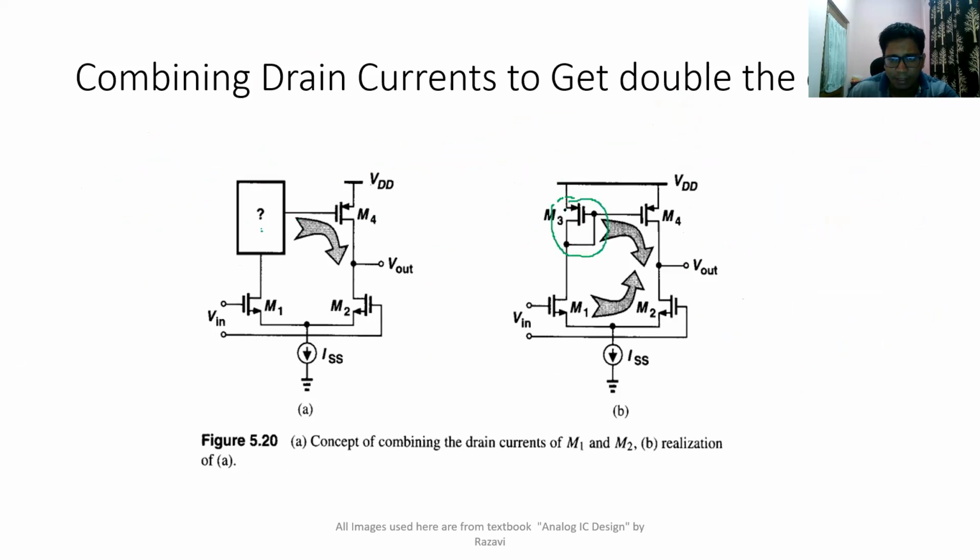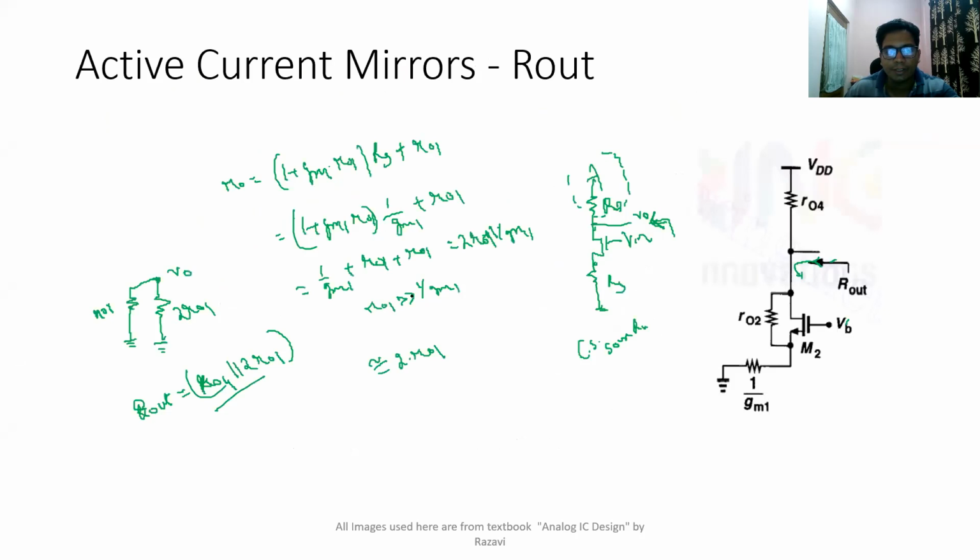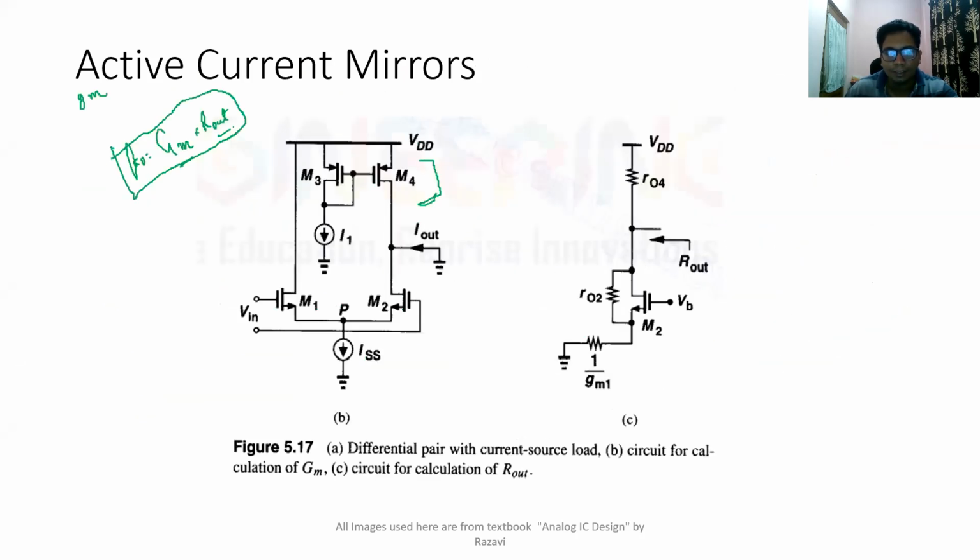If you replace one transistor like this, then the variations happening here, because of gm, earlier this branch was facing gm into Vin by 2 current variations, and this branch was also facing gm into Vin by 2 variations, but this current was not used to multiply with a resistor; it was simply going to ground. That was the problem. So instead of sending this to ground, if we transfer that variation to this branch with appropriate polarity, then both currents get added and we get twice the gain.